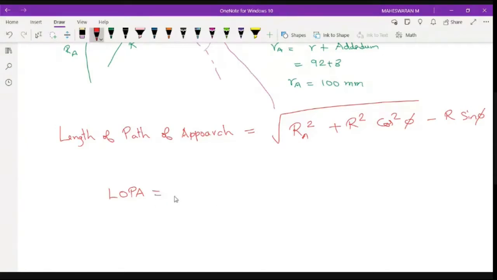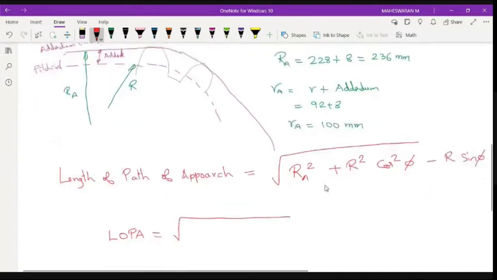So this is equal to the root of 236 square, capital RA square, minus 228 square into cos square phi, which is 0.9396, the whole square.